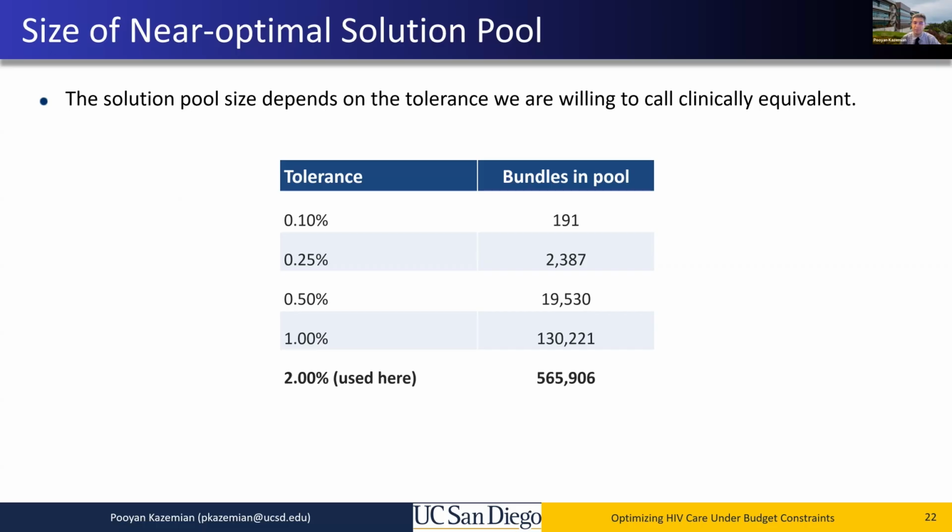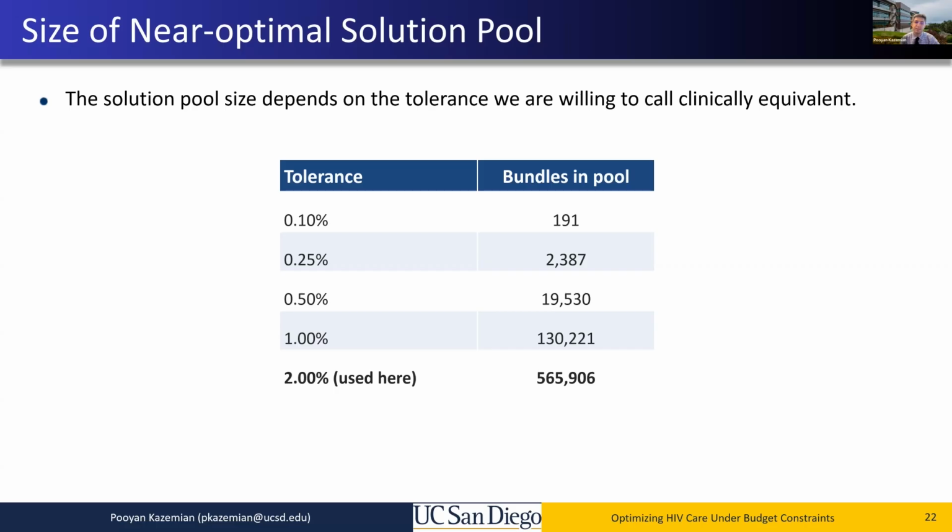So for example, a 1% tolerance means that we are calling every bundle of care within 1% of the optimum a near optimal bundle. Here we use 2%, which essentially means that every bundle that results in transmissions within 2% of the optimum is called a near optimal bundle of care.